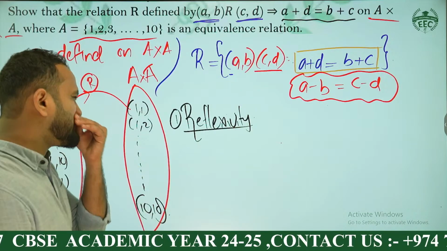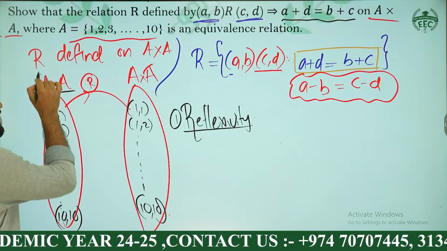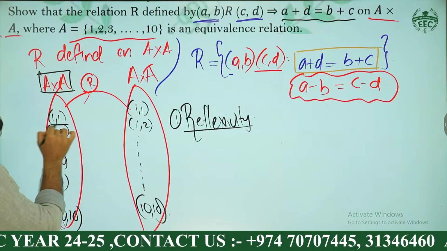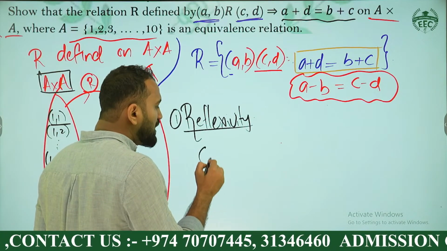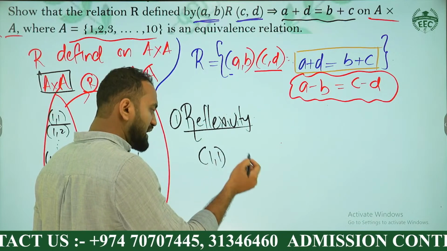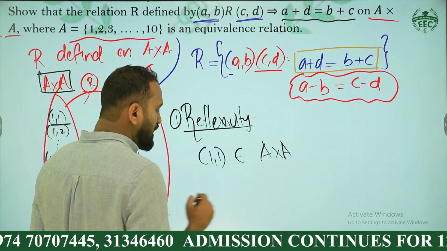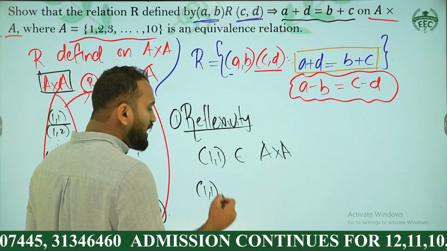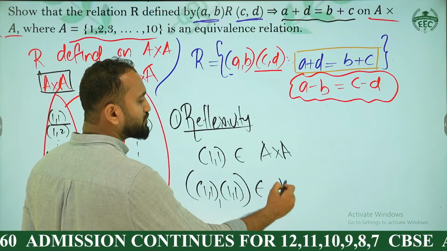Tell me reflexivity. Tell me an element of set A cross A. A cross A contains not 1, instead it contains 1 comma 1. People, if there is 1 comma 1 in the set A cross A, then whether 1 comma 1 and 1 comma 1 is there in the relation or not.